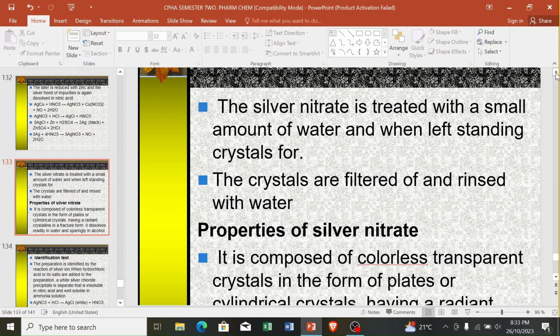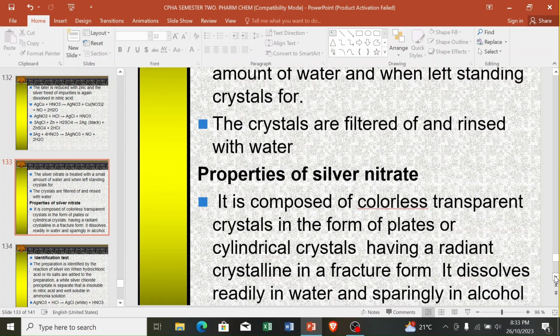After we have received the crystals, we filter them off from that mixture, and then we rinse. While we are rinsing, we are making sure that the salt of silver nitrate does not have any other impurities. So that is briefly how we prepare silver nitrate.